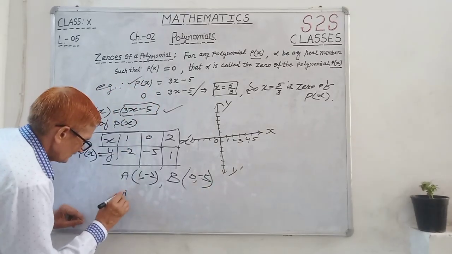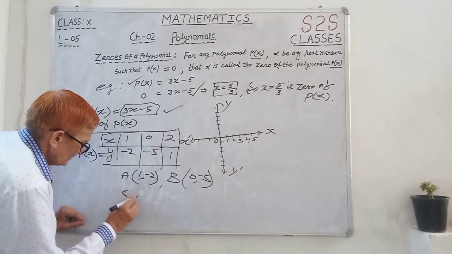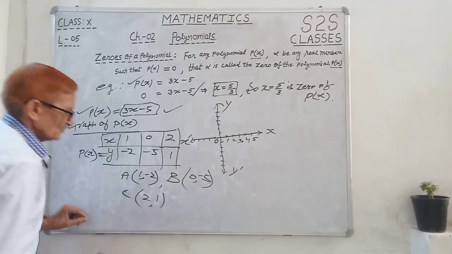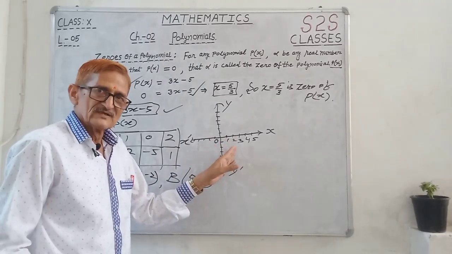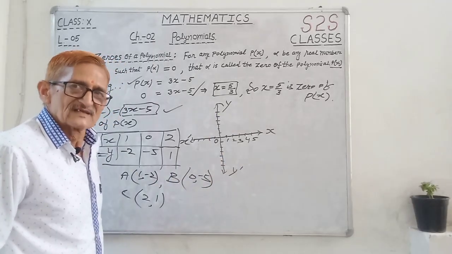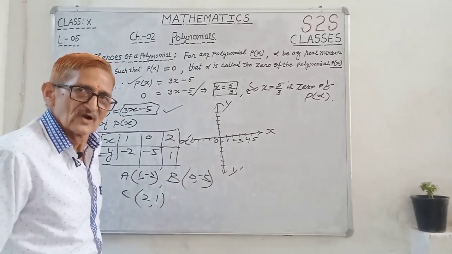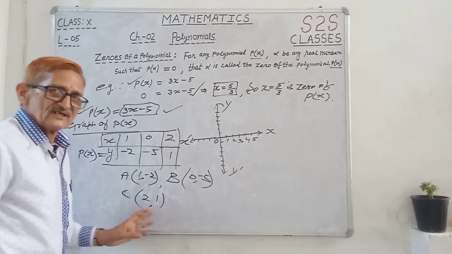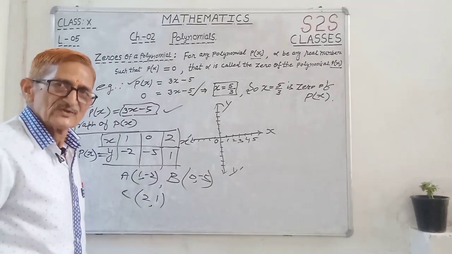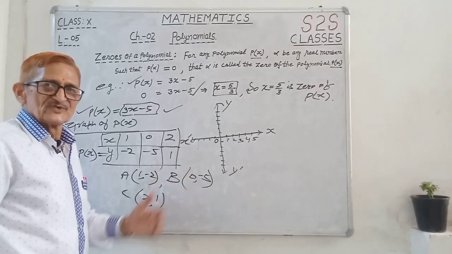Third point, say any point C, the coordinate 2 comma 1. We have to plot these in this rectangular system. In the 9th class you also plotted points. Now you can take a minimum of 2 points, or maximum 3 points.